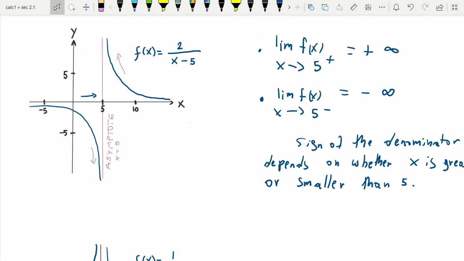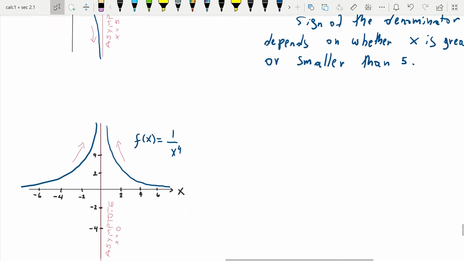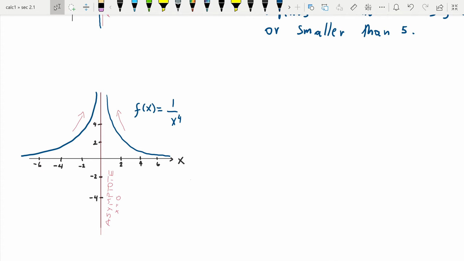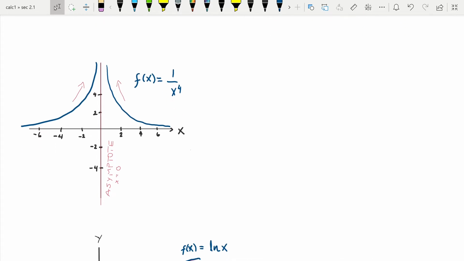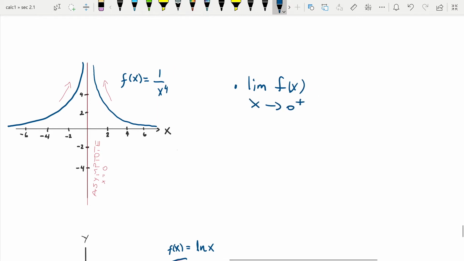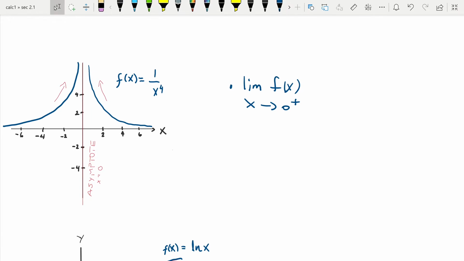And of course, if the sign of the denominator doesn't change, I mean it's the same whether you're on the right or the left, then the function may blow up with the same sign, like in this case, 1 over x to the fourth. It is a very nice function, except at the origin where x to the fourth becomes 0, so 1 over x to the fourth blows up at the origin. So again, we ask what is the limit as x approaches 0 from the right of f of x.